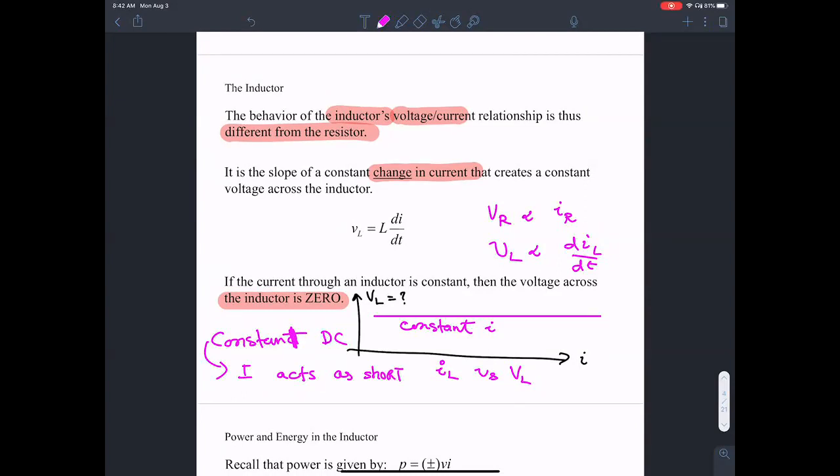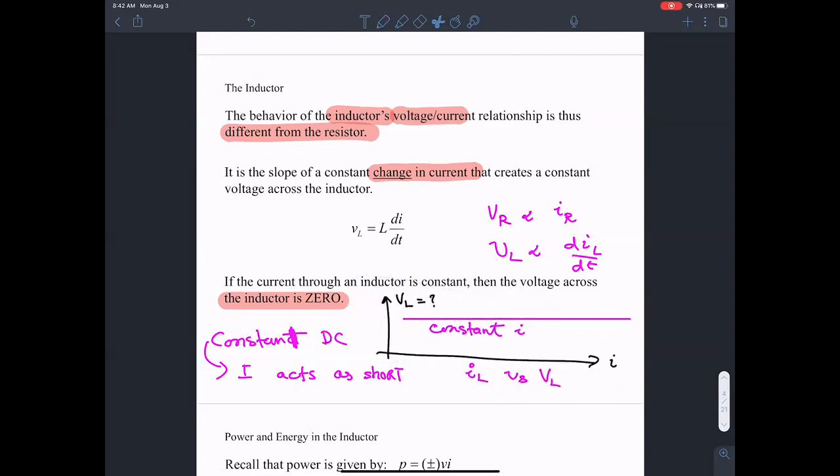So that's one of the rules that you want to remember. And you know where that rule is coming from: the fact that the voltage of an inductance is proportional to the slope of the current, or the derivative of the current.